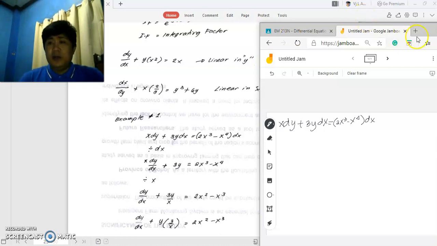Let me enlarge this one and see if it's correct: x dy plus 3y dx equals 2x cubed minus x raised to the power 4 dx.